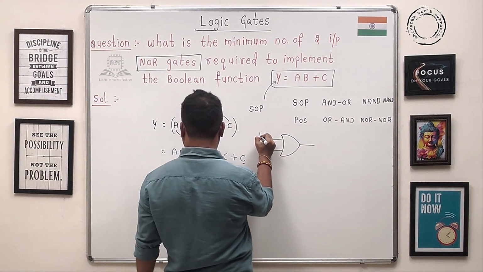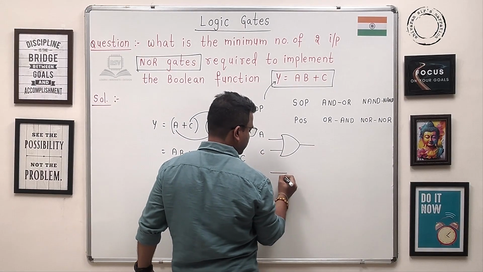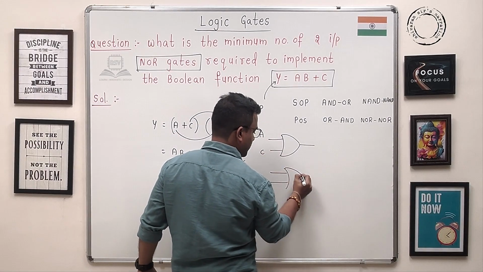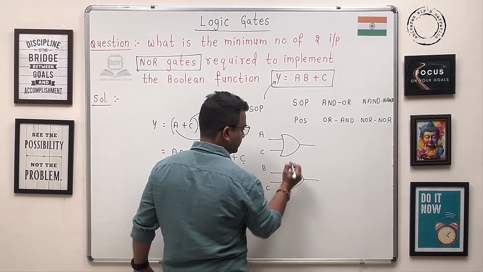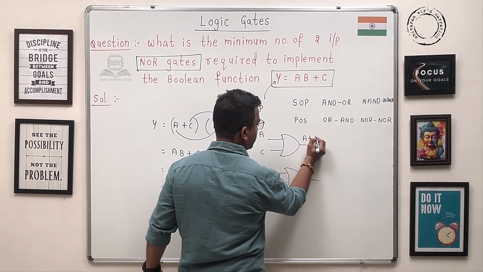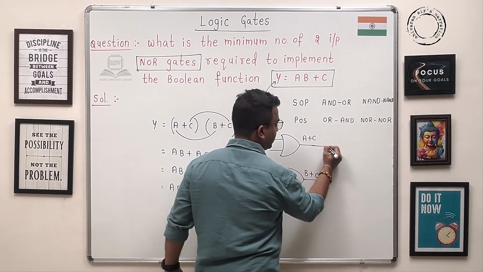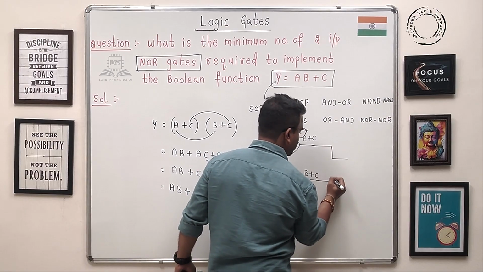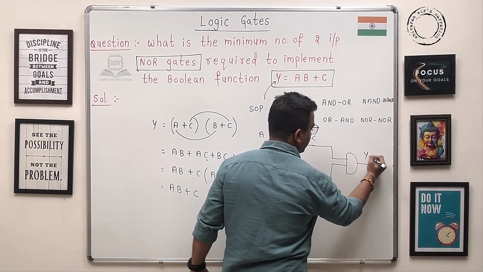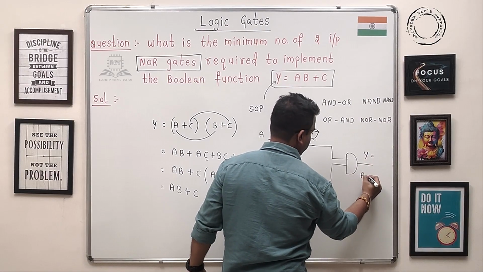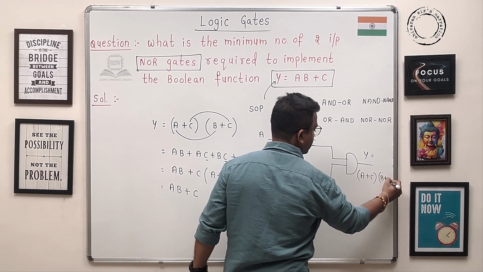Let's assume this is A, C, and this will be B, C. This will be A plus C, this will be B plus C, and now these outputs are connected to an AND gate. Hence, Y is equal to A plus C into B plus C.